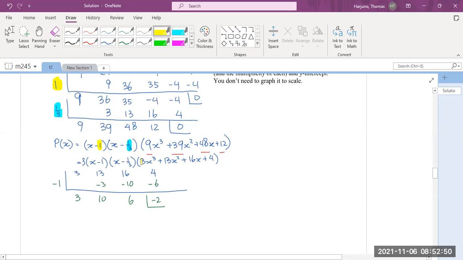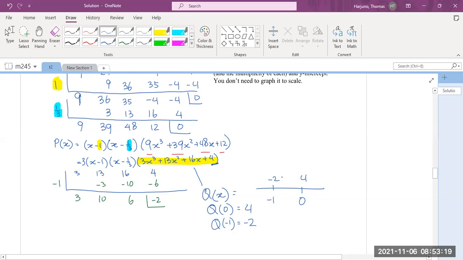Even though negative 1 doesn't work, if we call that our Q(x), let's say, notice that Q(0) is 4. That's the constant. And according to our computation just now, Q(negative 1) is negative 2. So at 0, the value is 4, and at negative 1, the value is negative 2.